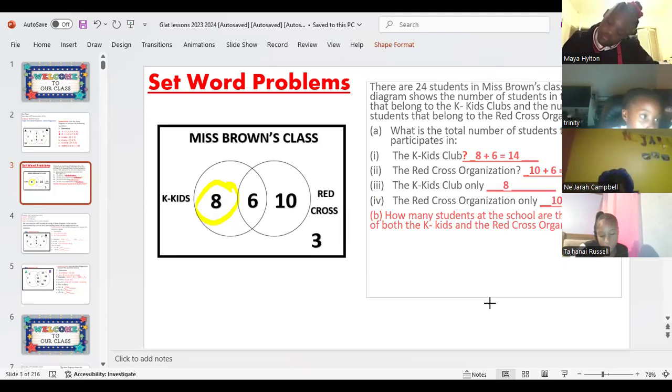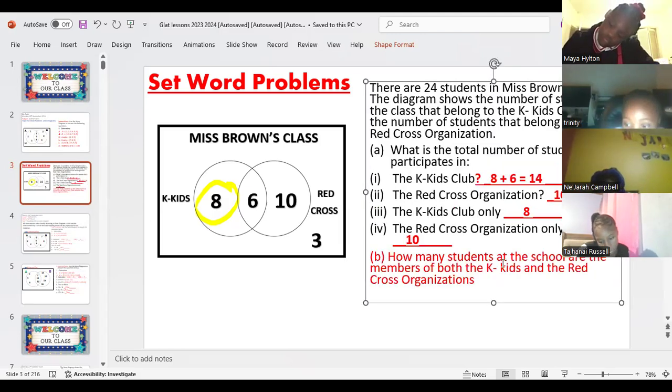How many students are members? How many students at the school are the members of both the K Kids and the Red Cross organizations? What y'all have for this one? 6.